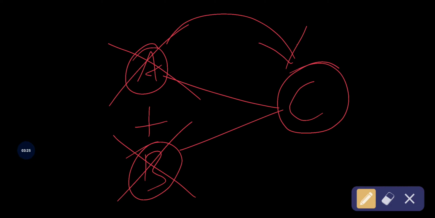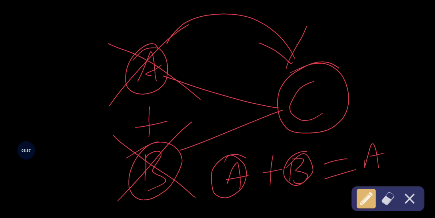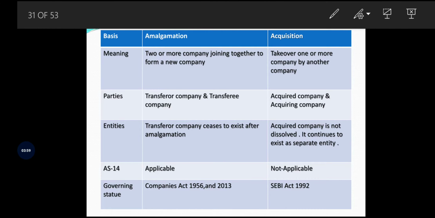But in case of acquisition, after one company acquires the assets and liabilities of another company, the company does not cease, because it continues to exist as a separate legal entity in another business organization. That is the slight difference between amalgamation and acquisition.